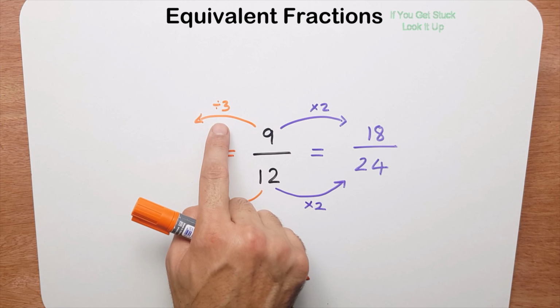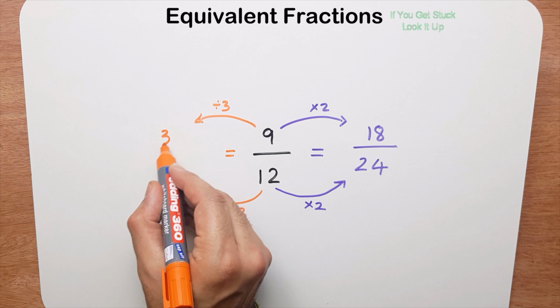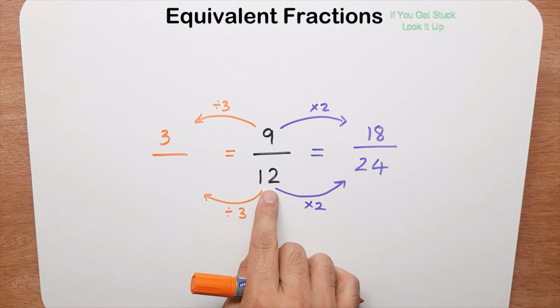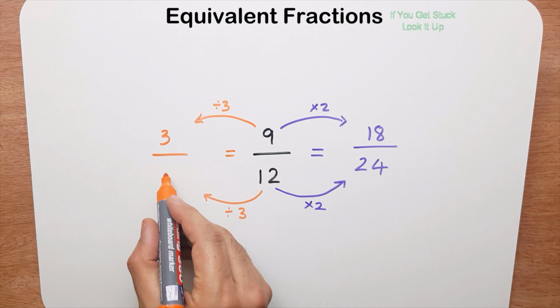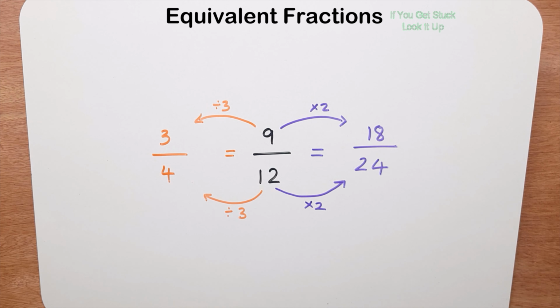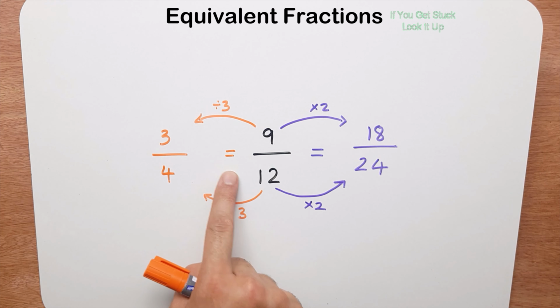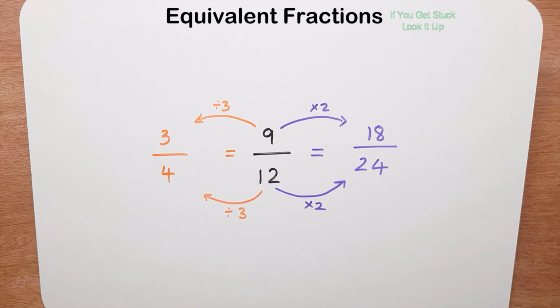So 9 divided by 3 is 3, and 12 divided by 3 is 4. So what I can also say is 3/4 is equivalent to 9/12. So if you have a look, I can multiply to find an equivalent fraction, or if I know they're both in the same times table, I can divide to find an equivalent fraction.